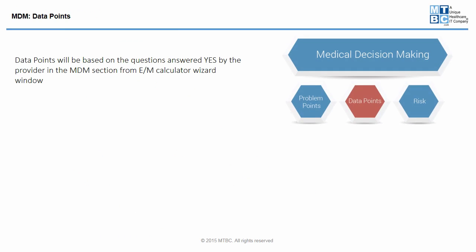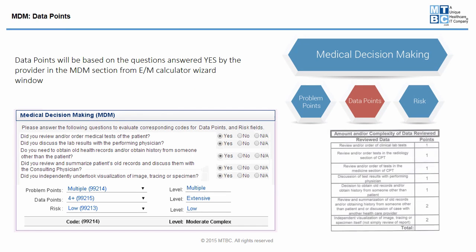The data points will be based on the questions answered yes by the provider in the MDM section. Now in the medical decision making section, there are some questions, and the points that you will get will be defined by the questions answered yes by the physician. For example, a review or order of clinical lab tests, there'll be a point for that.